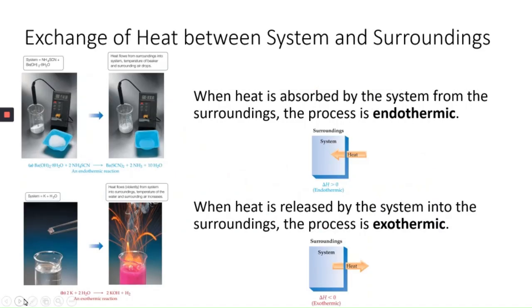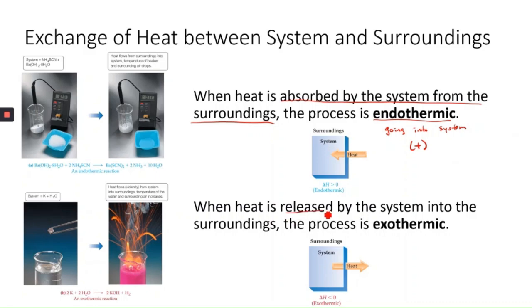So let's just reinforce this a little bit more. When you are exchanging heat between a system and a surrounding, okay? So when the heat is coming into the system from the surroundings, so absorbed by the system from the surroundings, that is called endothermic. It's going into the system. And that is considered positive, endothermic, okay?